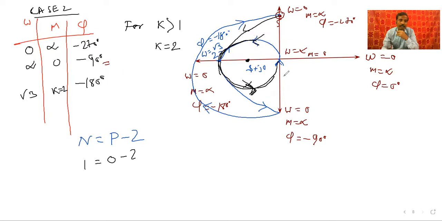And in this case, what is the value of z? This is +1.